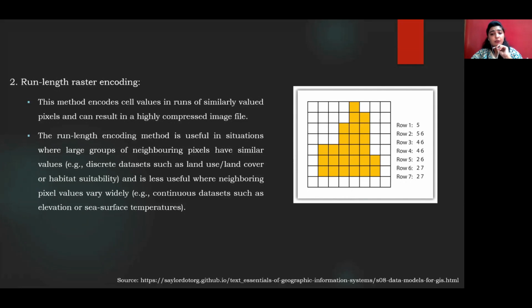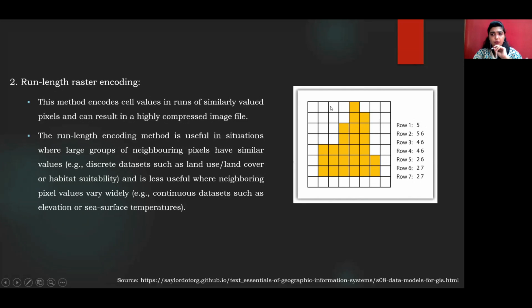The run length encoding method is useful in situations where large groups of neighboring pixels have similar values, and is less useful where neighboring pixel values vary widely. So you see here, row 1 has 5.